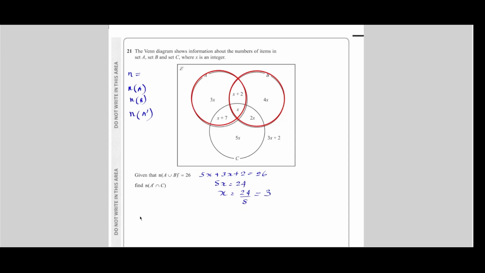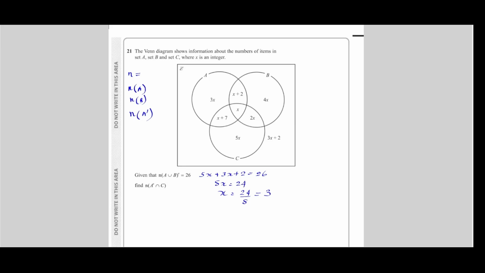x equals 3. Now I need to get the number of elements in A complement intersect C. Then I have to figure out what this region is first, right? Without identifying what this region is, we'll be unable to figure out what that is. Let's identify that region first. That is A complement, which means not A. Let's highlight what not A is first.